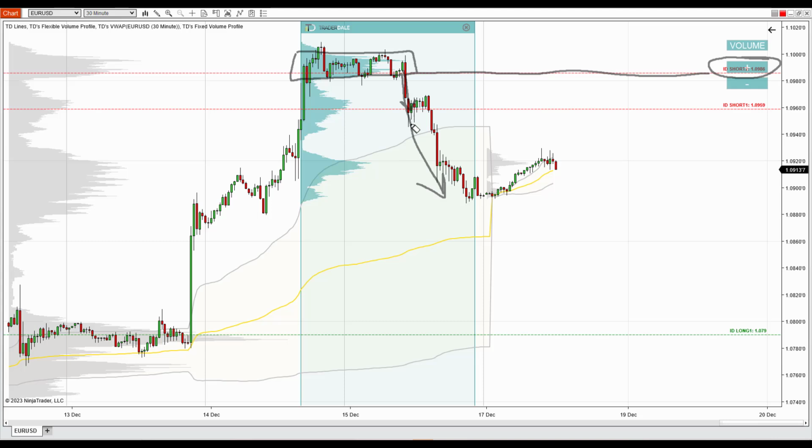So this is telling us that sellers were active here, building up their short positions here, and then they pushed the price downwards. So when there's a pullback to this level, I expect a reaction, as those sellers will want to defend this zone, which is clearly important for them, and push the price downwards from there again.